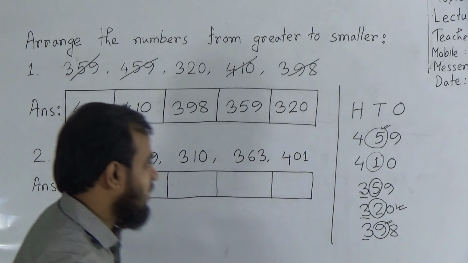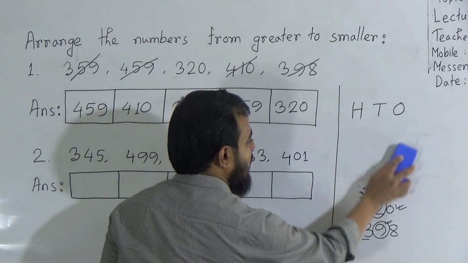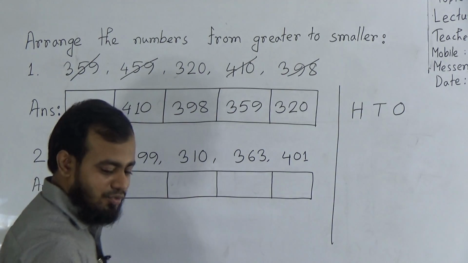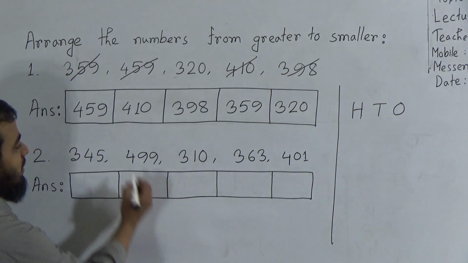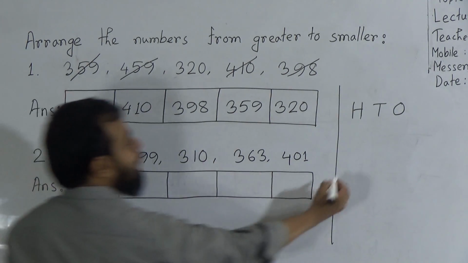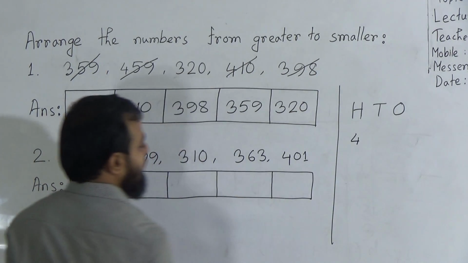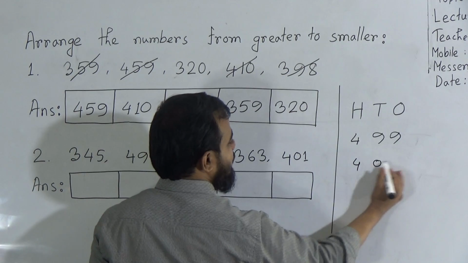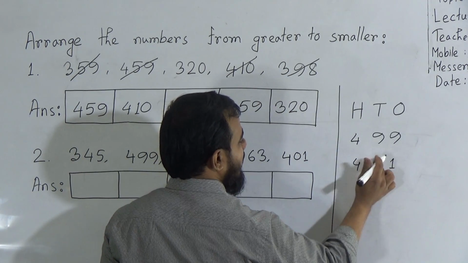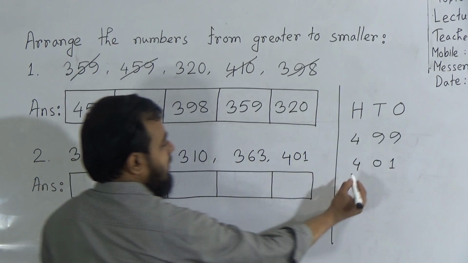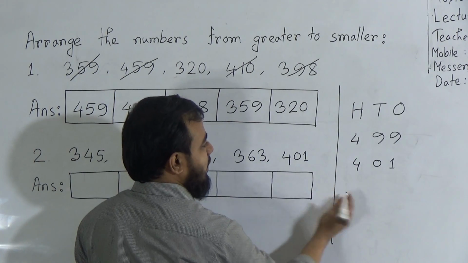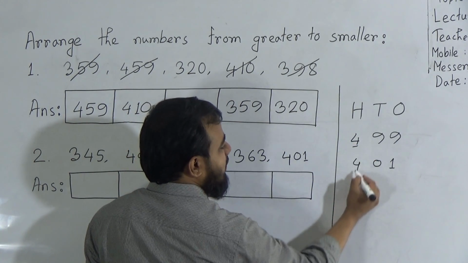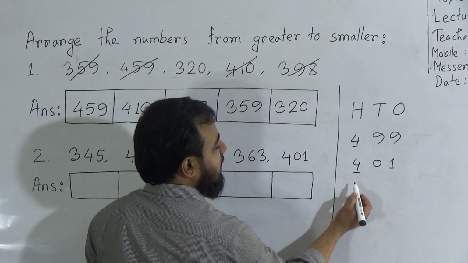So, to write from greater to smaller, at first we have to consider these 2 numbers only, because they have 4 in the hundreds place.